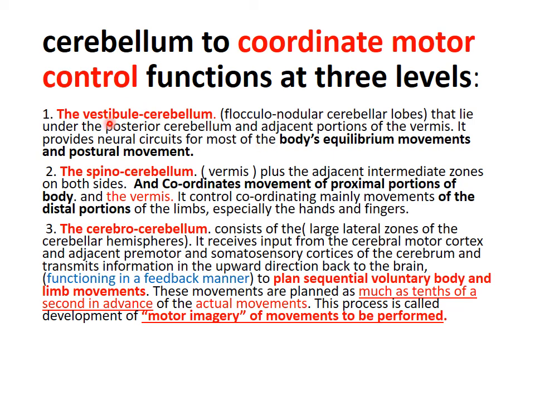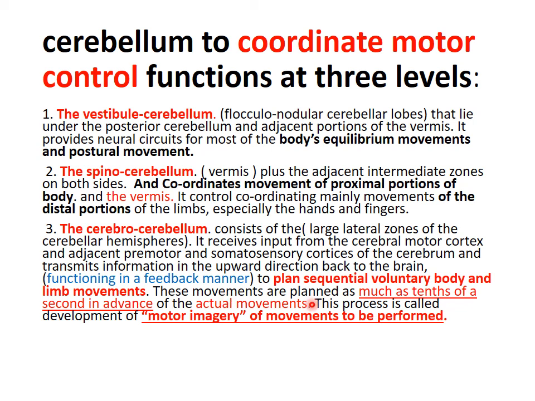So vestibulocerebellum is responsible for body equilibrium movement and postural movement. Spinocerebellum coordinates movement of the proximal as well as the distal portions. Cerebrocerebellum plans sequential, voluntary body and limb movements.